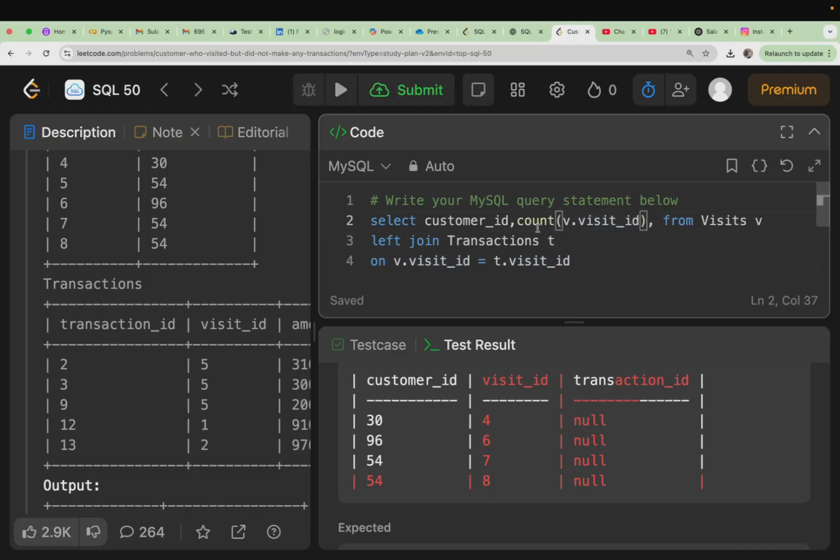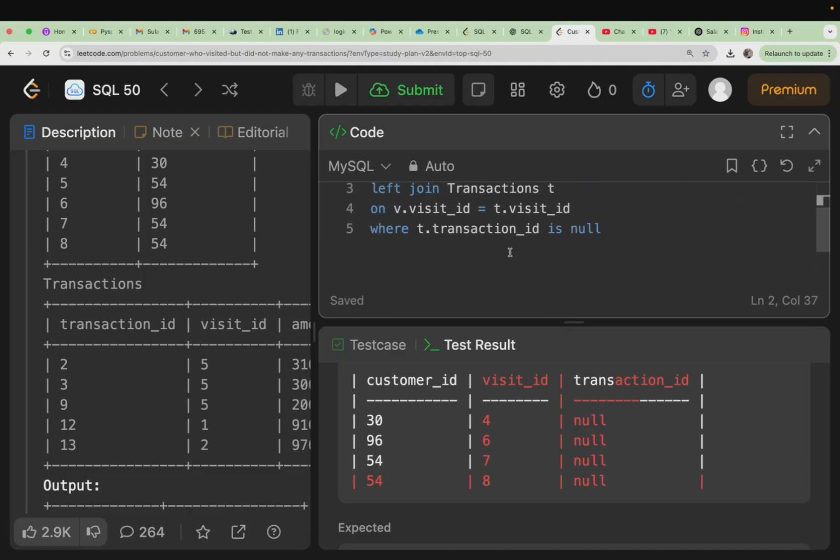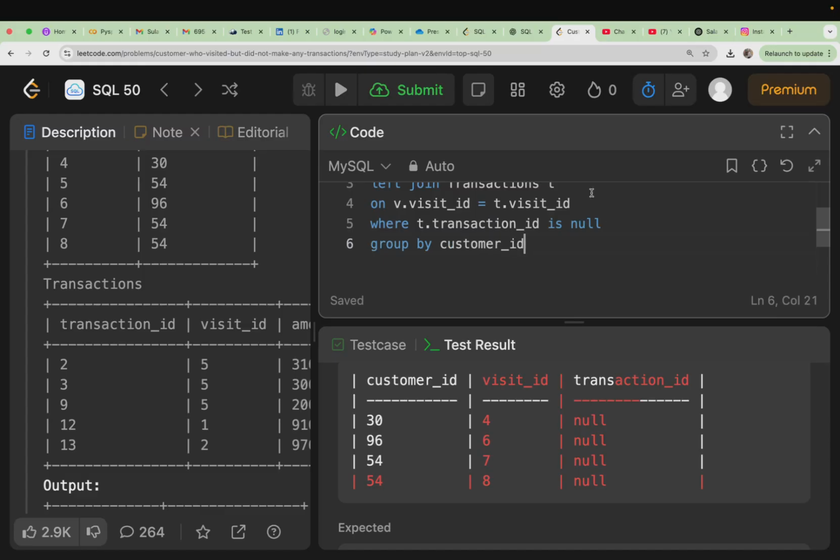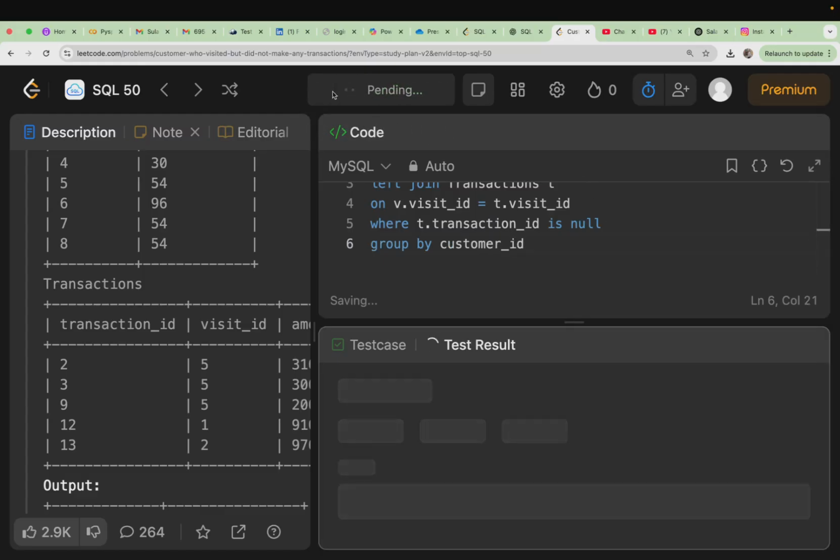Since count is an aggregation function, we have to use the group by operation. So now we group by customer ID. And if we run it now, we'll get our expected output.